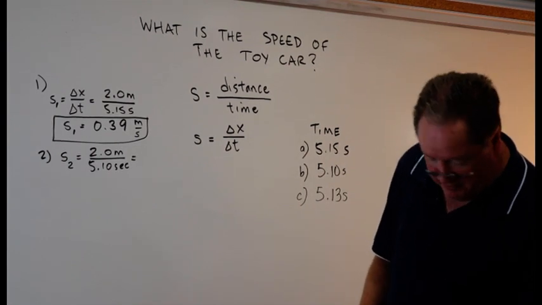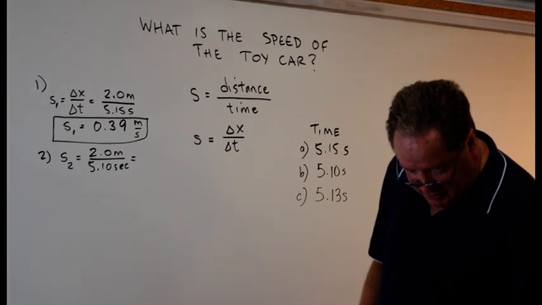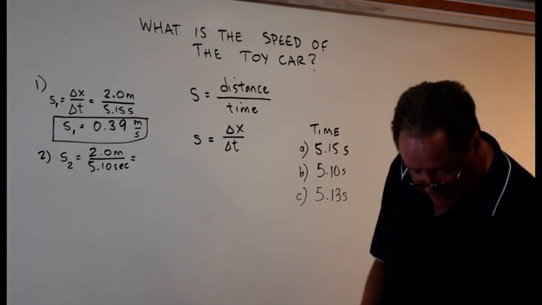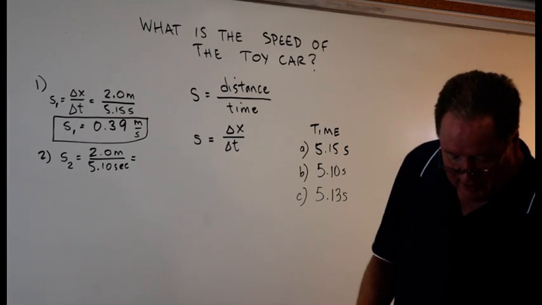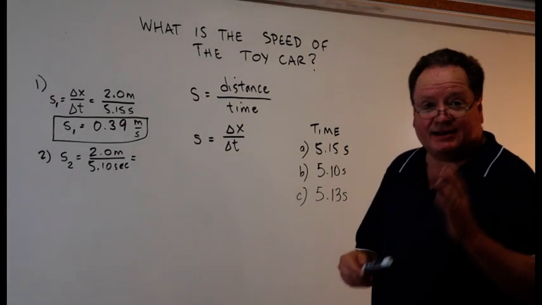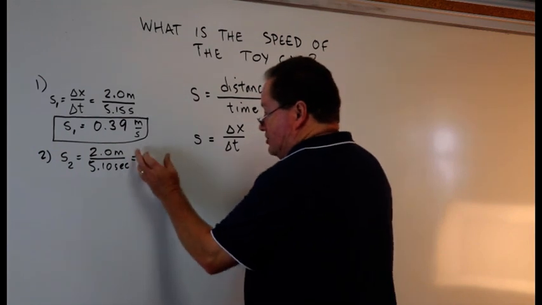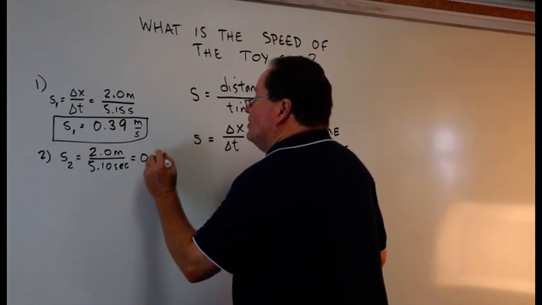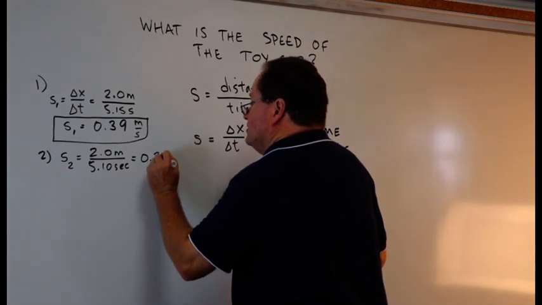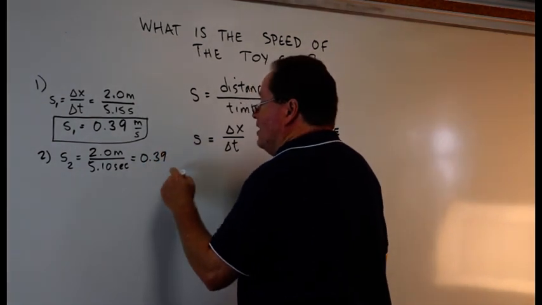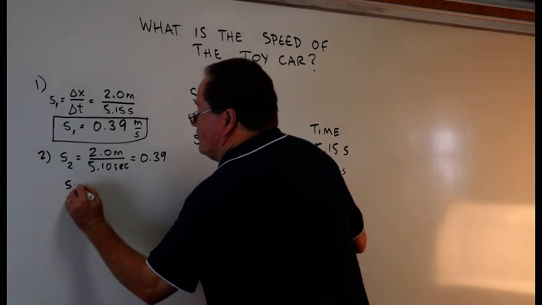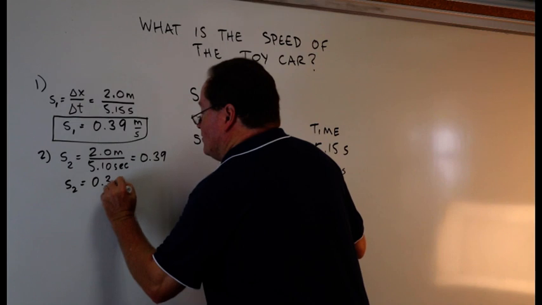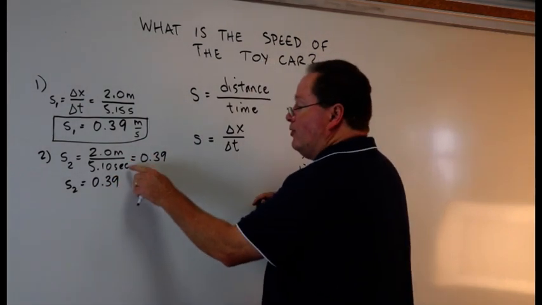It may round to be the exact same number. 2.0 divided by 5.10 equals 0.392. Again, I'm only allowed 2 sig figs, so 0.392 becomes 0.39. So my second speed was 0.39 meters per second.